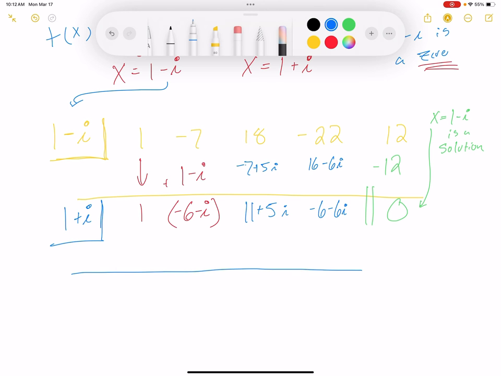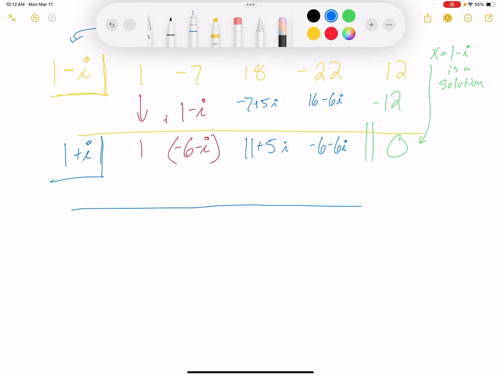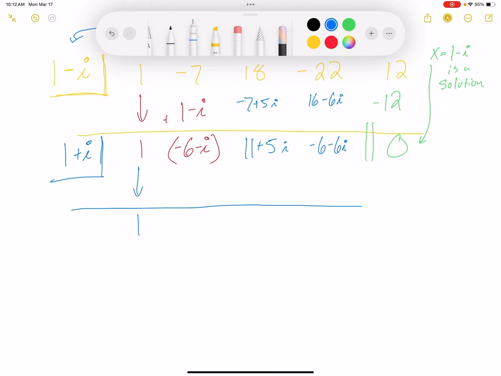And you'll see that this one isn't as bad, right? So we bring the first down, and that's 1. 1 times 1 plus i is just 1 plus i. All right, we add those together. We get -6 plus 1, which is -5, and -i plus i, well, that's just -5 still.